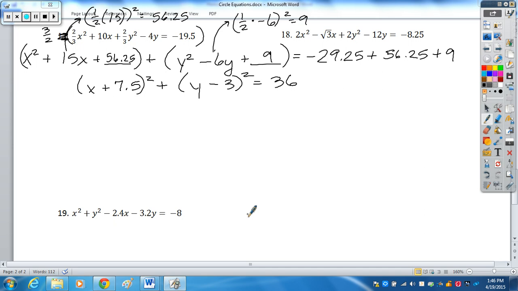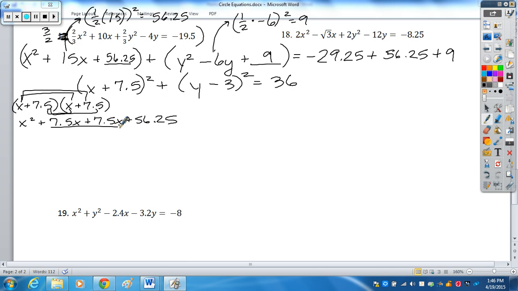All right, again, want to double check to make sure that I have completed these squares correctly. So we have x plus 7.5 times x plus 7.5. If we do that, x squared plus 7.5x plus 7.5x plus 56.25.